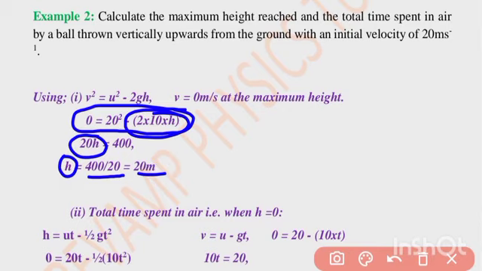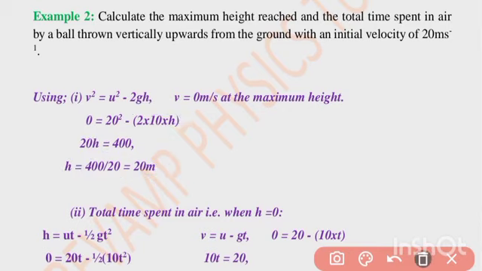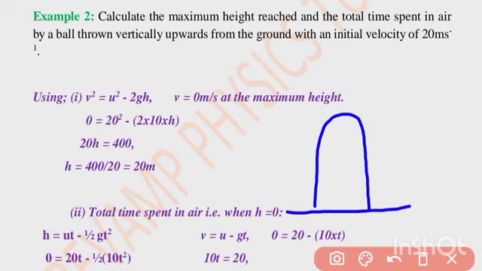The second question asks us to calculate the total time spent in air. When we say total time spent in air, it means the total time for the object to move from the projection plane to the maximum height and come back to the projection plane. So that is the total time spent in air by the object.